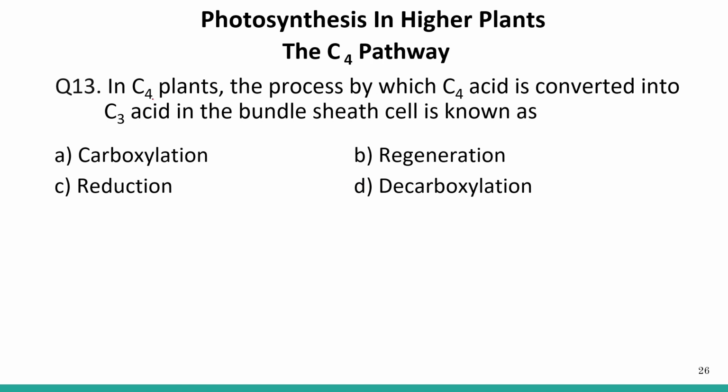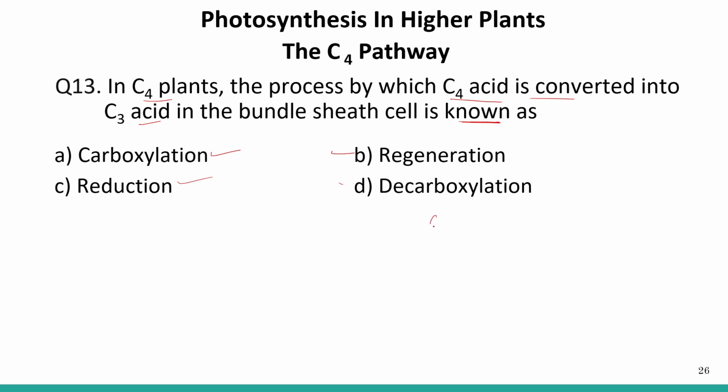Alright. The next question is, in C4 plant, the process by which C4 acid is converted into C3 acid in the bundle sheath cells is known as, okay, first option is carboxylation, second is degeneration, C is reduction, and then fourth option is decarboxylation. Alright, so C4 acid. So which C4 acid is formed?